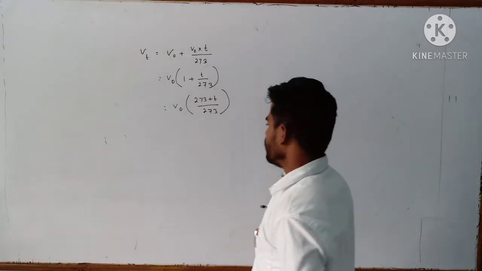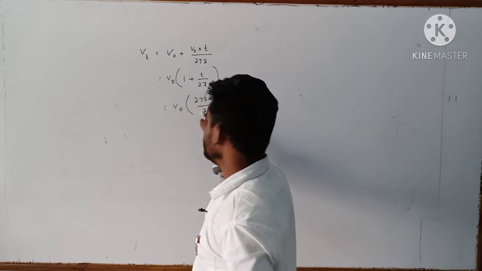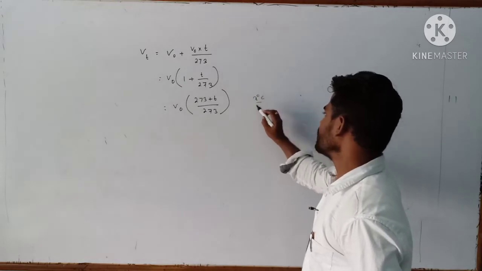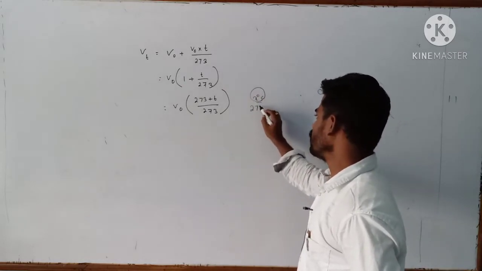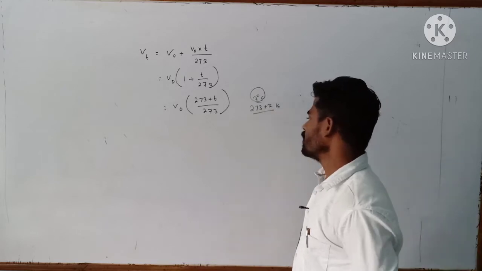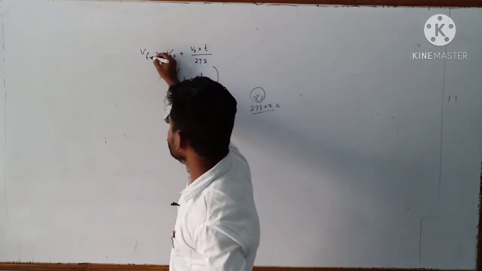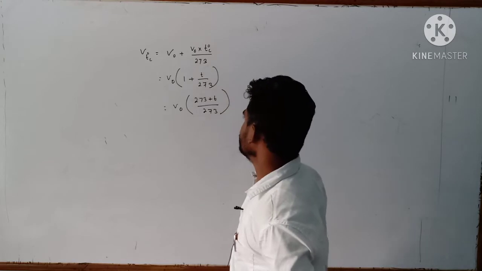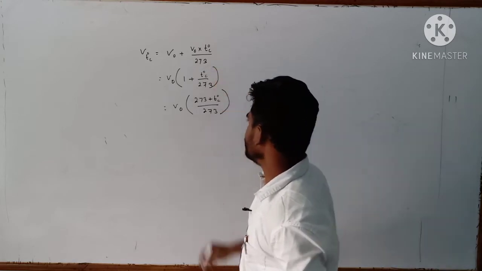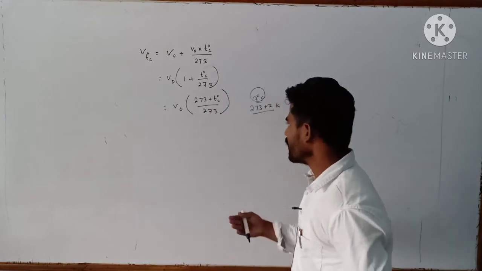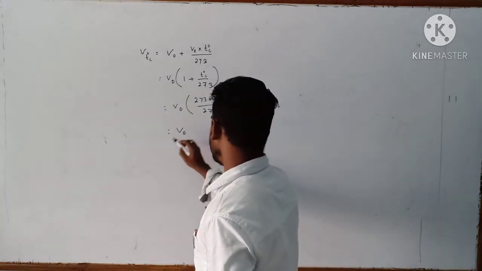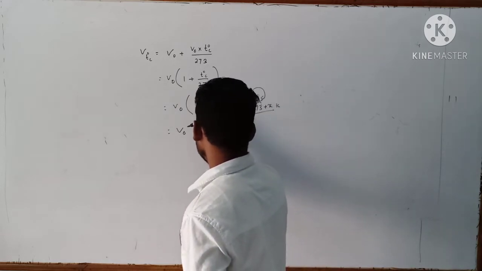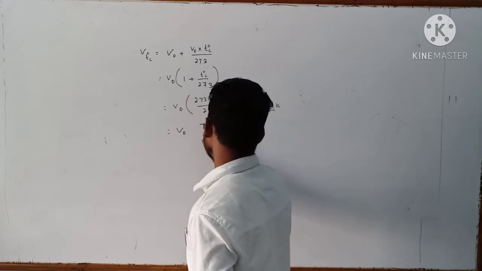So this 273 plus T is the conversion of a temperature into Kelvin. Suppose something is given as x degree centigrade. If I need to convert it into Kelvin, I have to add 273 plus x. So at T degree centigrade I can write that Vt is equal to V naught into 273 plus T, with this now converted into Kelvin, and I can write that as T.